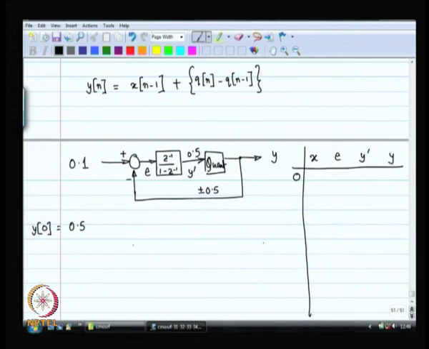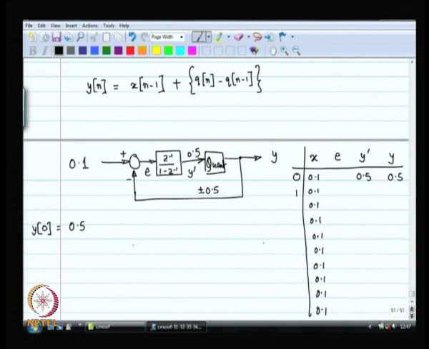So, let us say at time 0, x is irrelevant, the error signal is irrelevant, y hat is 0.5 and y is 0.5. This is where we start from. X is always 0.1.